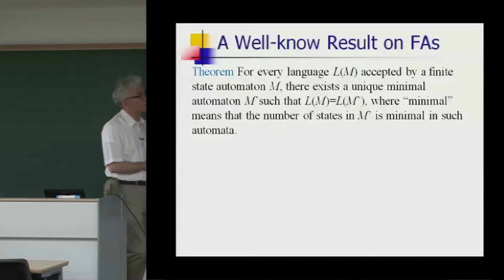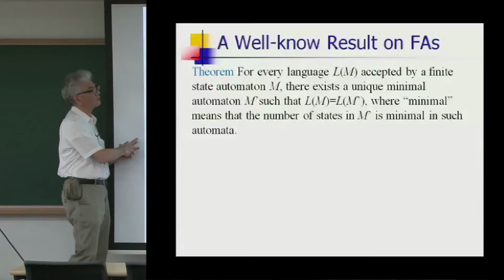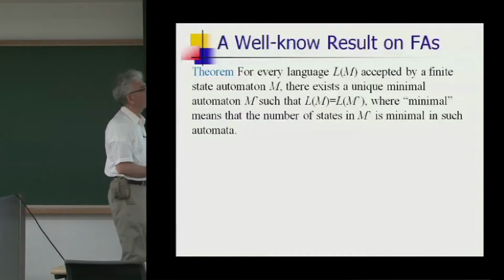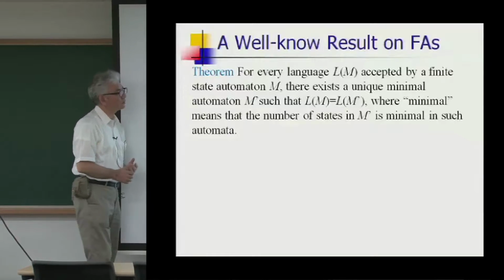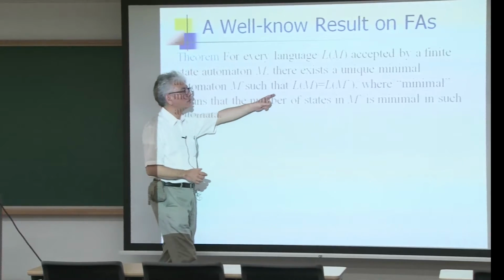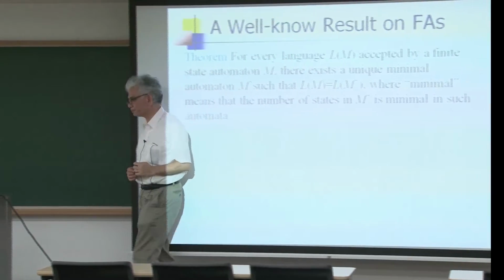So this is a very well-known result on finite state automata. For every language L of M accepted by a finite state automaton M, there is a unique minimal automaton M prime such that L of M is equal to L of M prime.